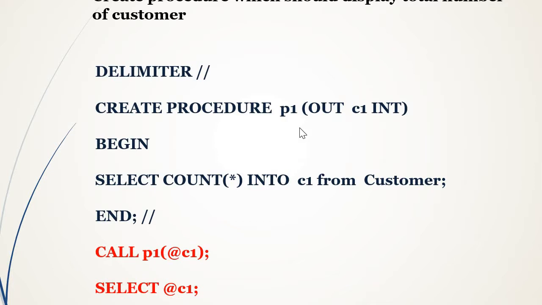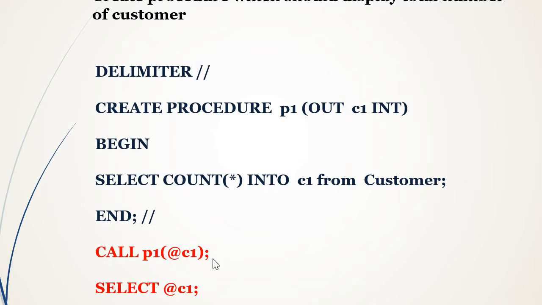Depending upon the parameters you have defined in the procedure, you have to specify them in the call. Here there is one output parameter, that is C1, so you pass the parameter using the symbol @C1.